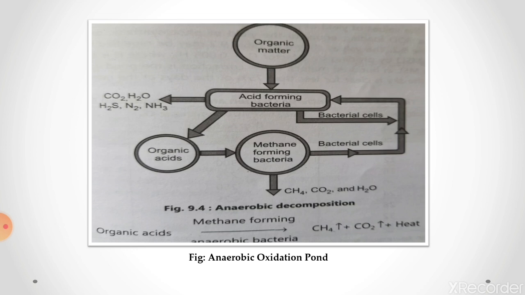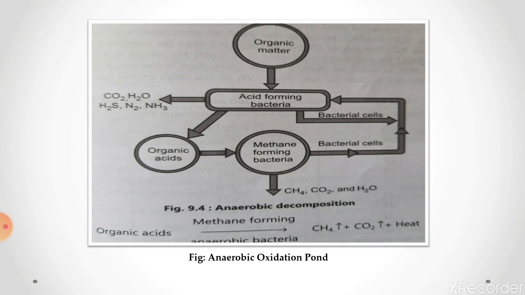So this is what is happening in this particular anaerobic oxidation pond. The organic matter is taken up by the acid forming bacteria. They produce acids like propionic acid, butyric acid and so on, and new bacterial cell mass. Then the methane forming bacteria become active.